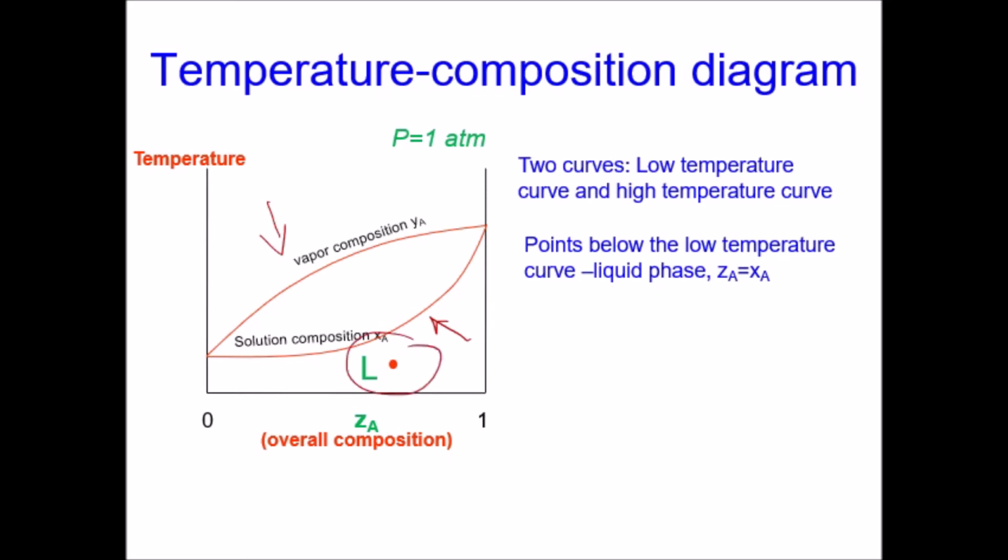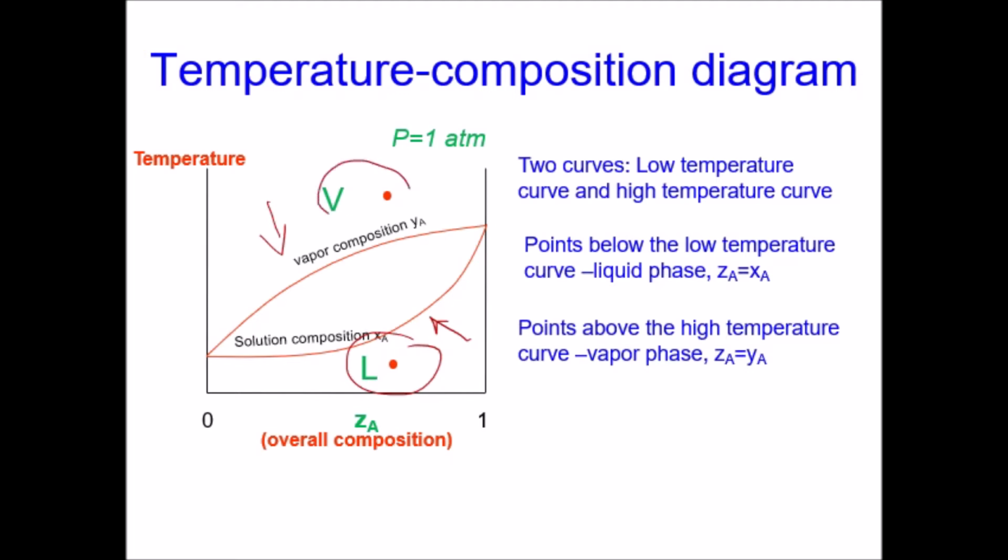A point above the vapor composition curve indicates that the temperature is high enough that all liquid becomes a single vapor phase. A point between the two curves indicates that the system exists as two phases, liquid and vapor phase.